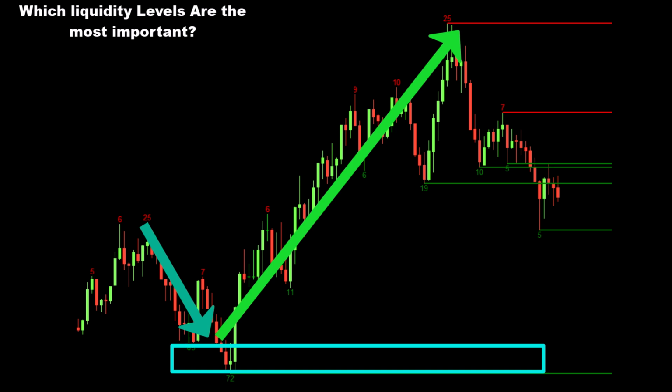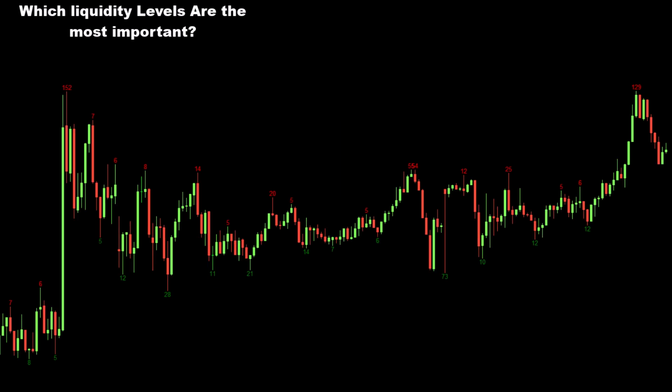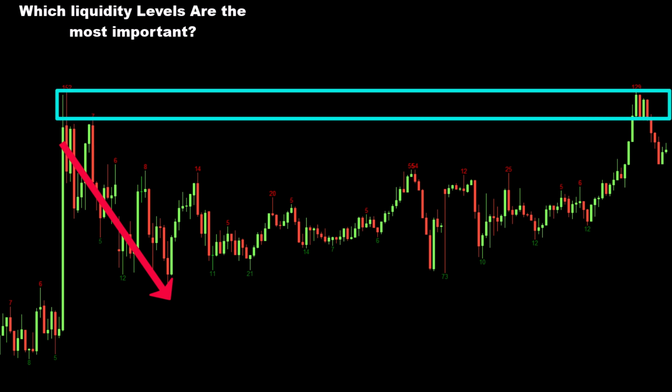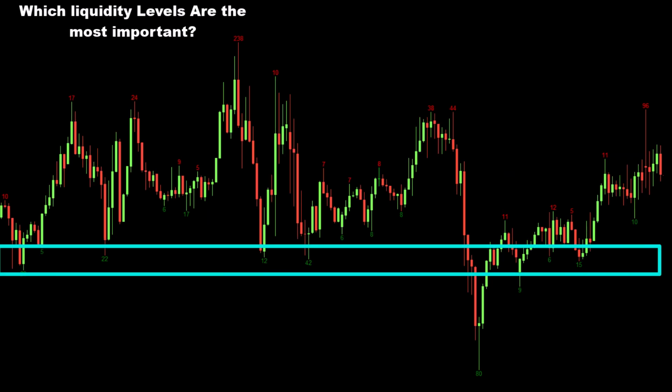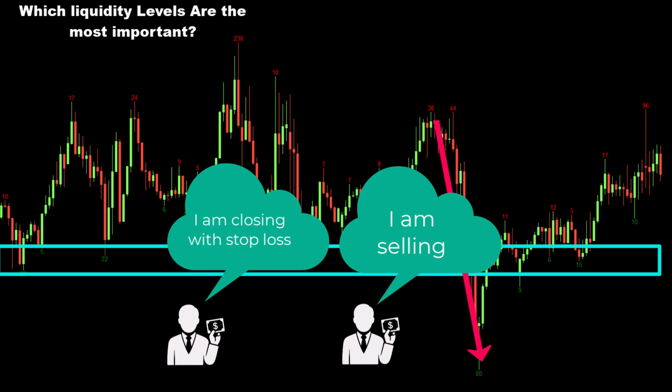In an uptrend, the furthest liquidity level below the last higher low is usually the strongest. In a downtrend, the furthest level above the last lower high tends to be the most significant. These levels attract price because they represent large groups of orders. Price naturally gravitates toward them to collect liquidity before continuing its move.